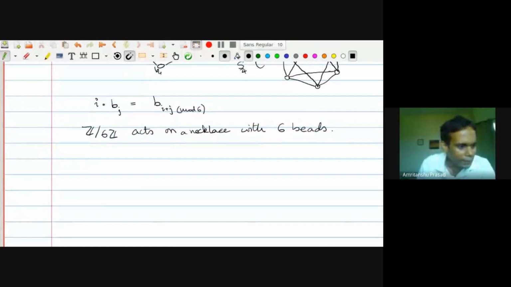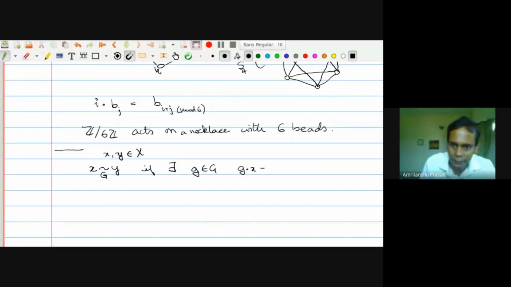And there's an important feature of a group action, which is the notion of orbits. So we'll say that x and y are two elements of X. So X is a G-set, then you take two elements of X, we say that they are equivalent under G if there exists an element g in G which moves x to y.